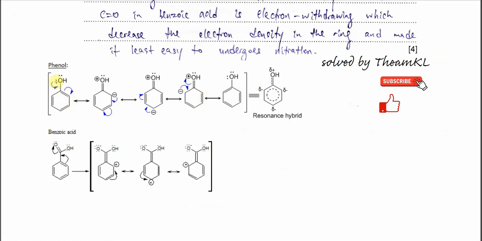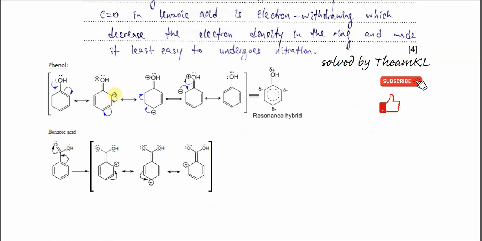So one lone pair will move into this benzene ring, and as you can see, the benzene ring now has more electrons. So we say that the lone pair, after it is delocalized in the benzene ring, increases the electron density in the benzene ring and makes it more active. So we say that it activates the benzene ring.